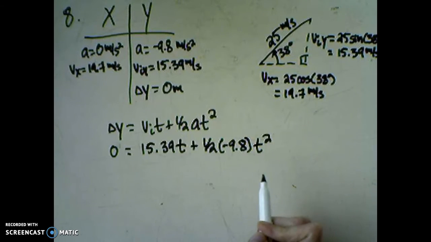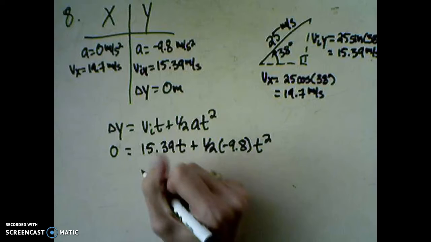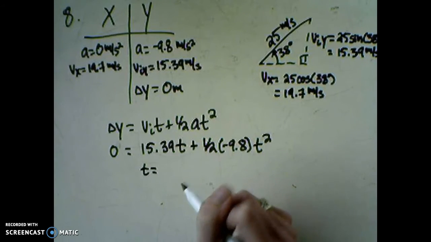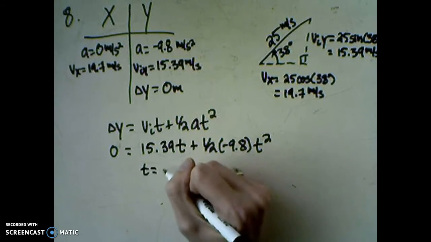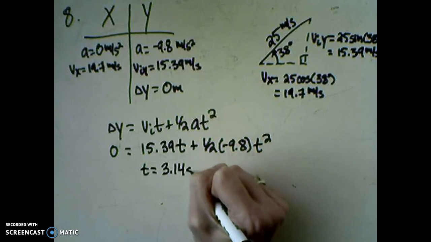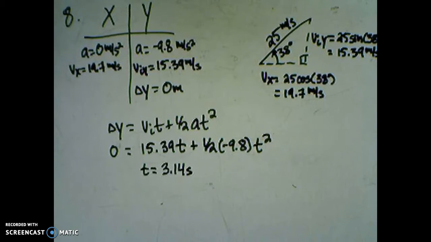That gets me to a quadratic equation. Again, you can solve this graphing or with the quadratic equation, however you would like to. My favorite method, yet again, is graphing. And when I do that and throw out the non-physical answer, I get 3.14 seconds for my time.